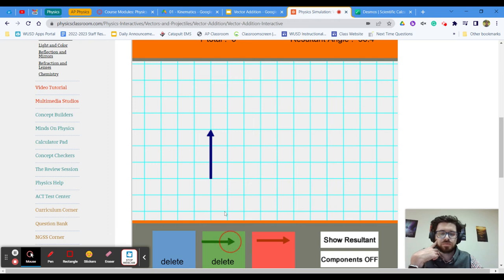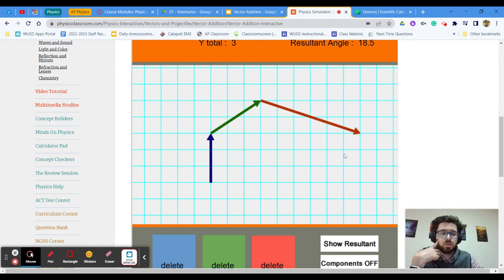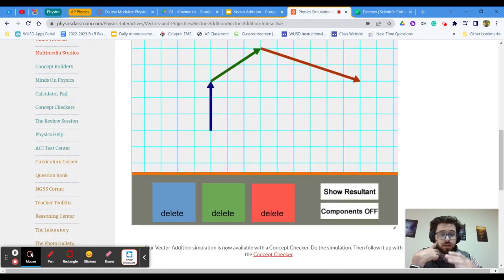And here's B. Let's make it go all the way over here. And then here's C. We'll make C go down here.